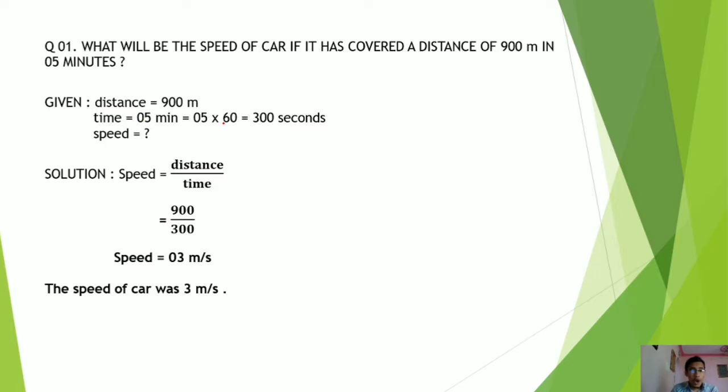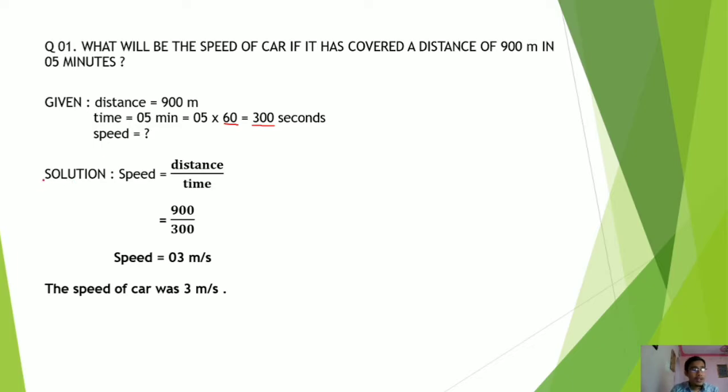We know that 1 minute equals 60 seconds, so we multiply 5 by 60. 5 into 60 gives us 300. 5 sixes are 30 and 2 zeros, so that gives us 300 seconds. Now what we have to find is speed, so speed equal to question mark, as we don't know the speed of that car.